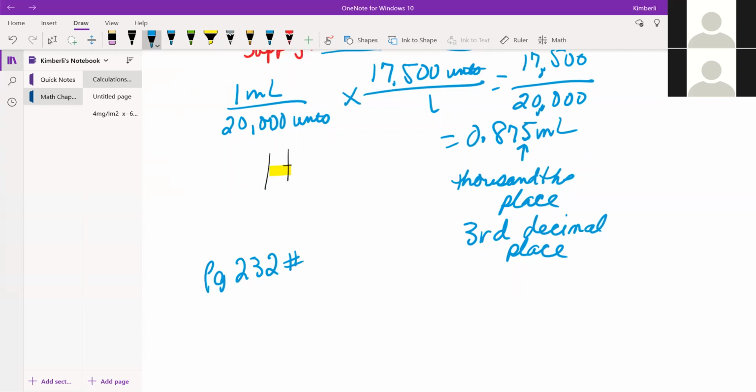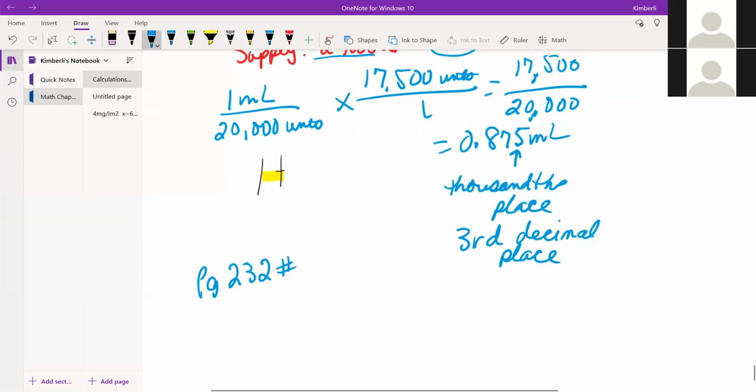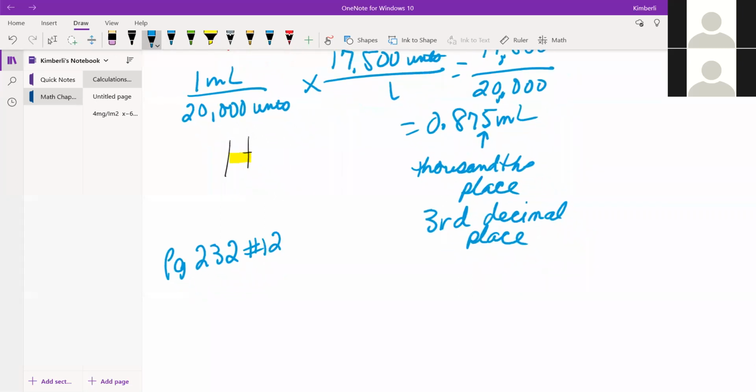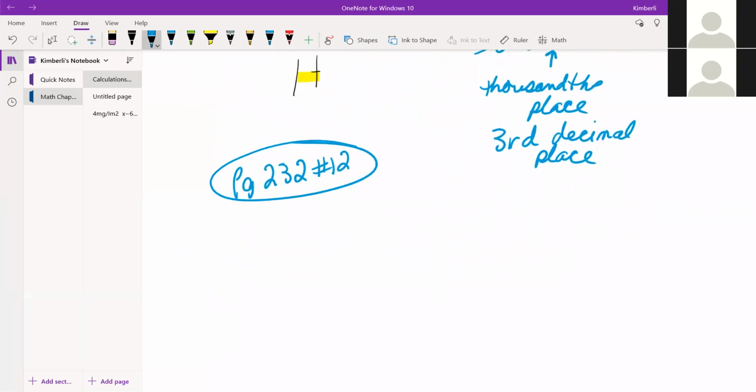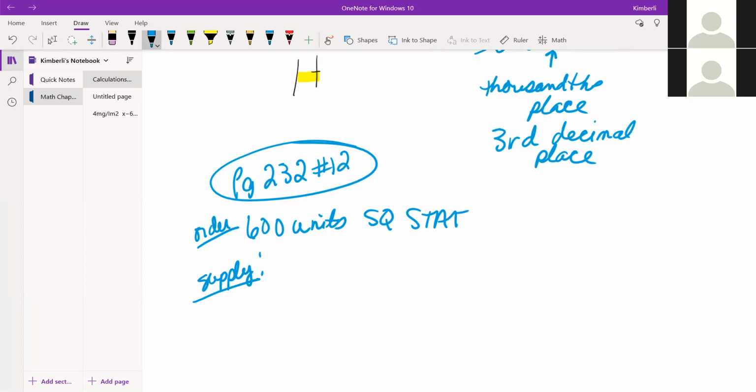So let's look at page 232. Did I say number 12? Yes. Okay, so let's look at 232, number 12. So the order is for heparin 600 units, subcutaneous stat, and my supply is heparin 1,000 units per milliliter.